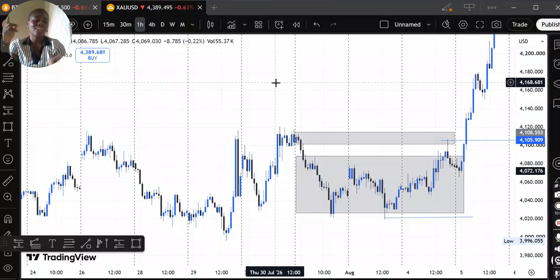Not fill the imbalance and create another imbalance while filling the imbalance. It means it's going to come back to that level. It's already off. So in cases like that, once price bounces off that level, it's likely to still come back to that level. And in cases like that, it could be a switch.